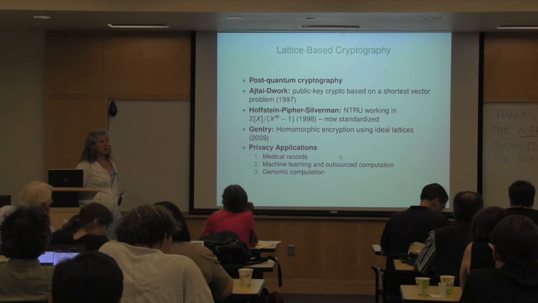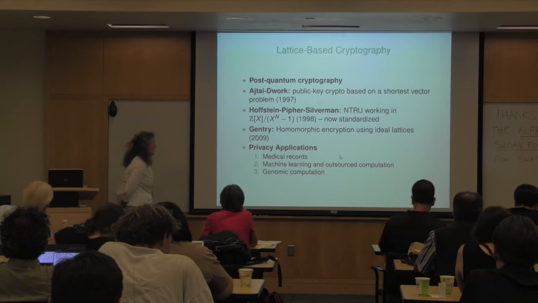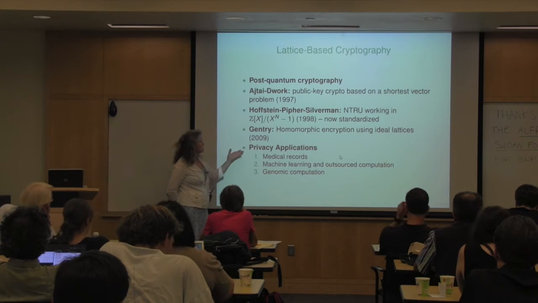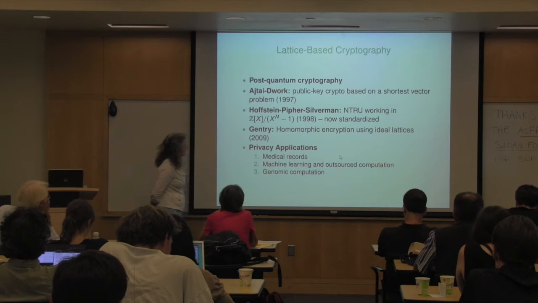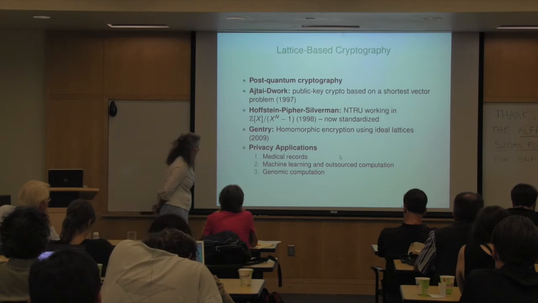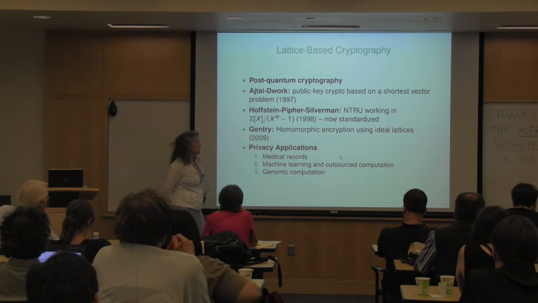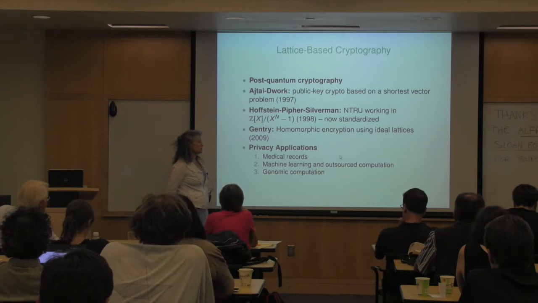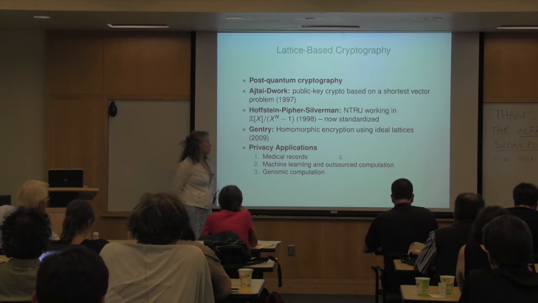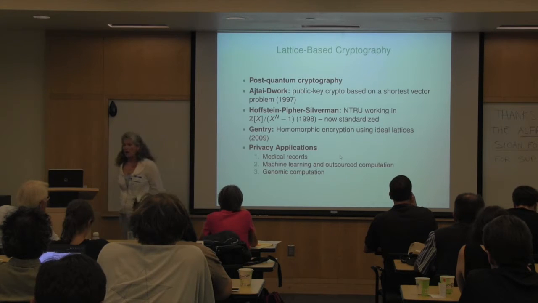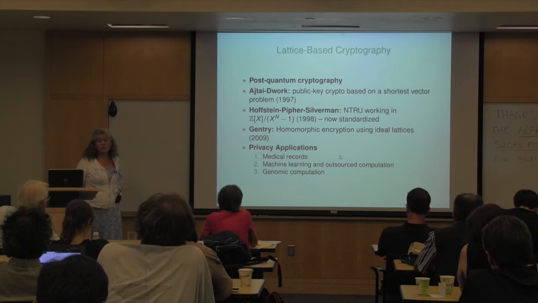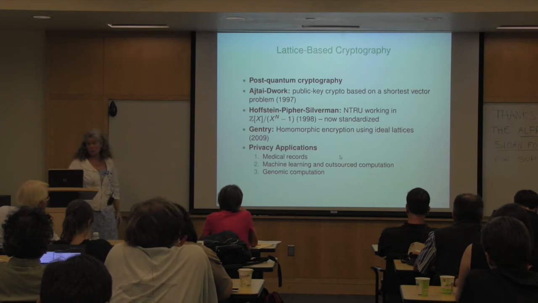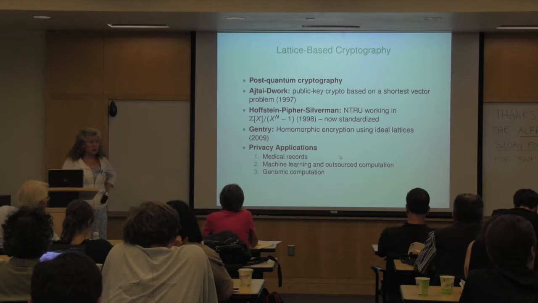Since then, a rash of work building on these homomorphic encryption schemes to solve important and interesting problems for real-world applications, so privacy applications such as electronic medical records, machine learning and outsourced computation, and things like genomic computation. I could give a whole talk just on these privacy applications that come out of these constructions of homomorphic encryption schemes from lattice-based cryptography. That's just a very high-level introduction.